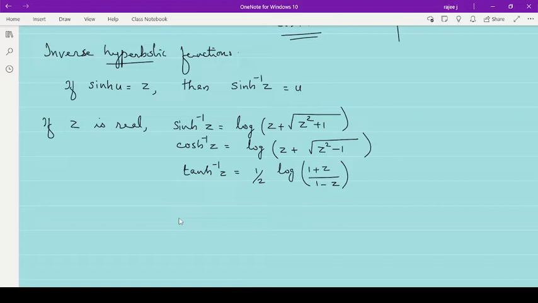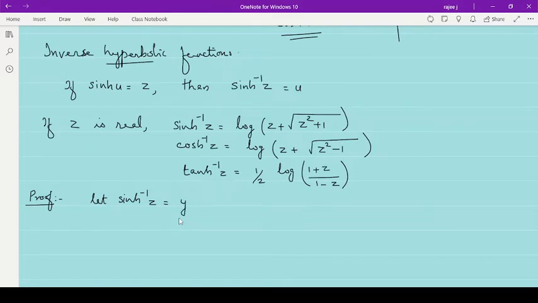So here is the proof of this one. The first one I will show you. You need to do it for cos. So here I will take, let sinh inverse z be equal to, say, y.